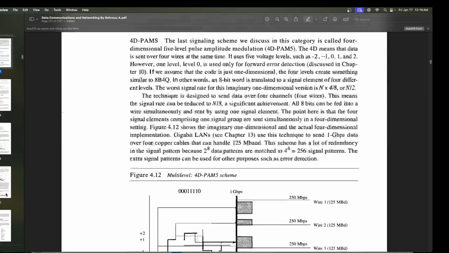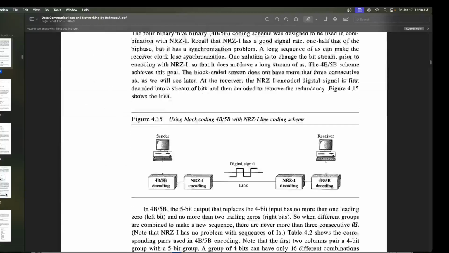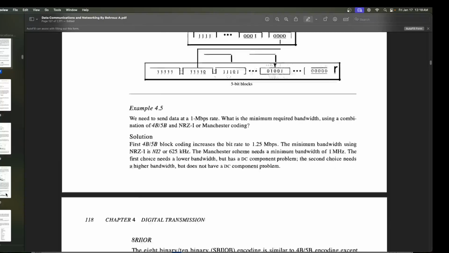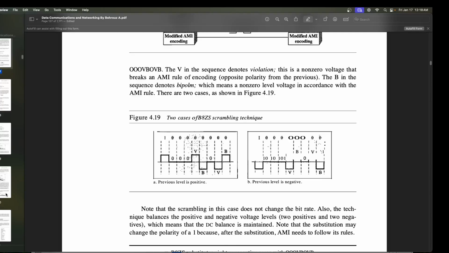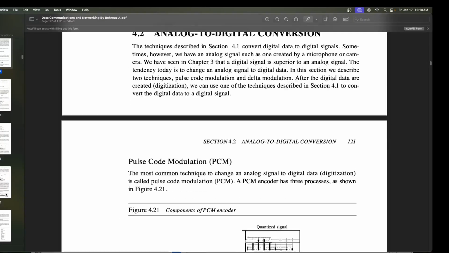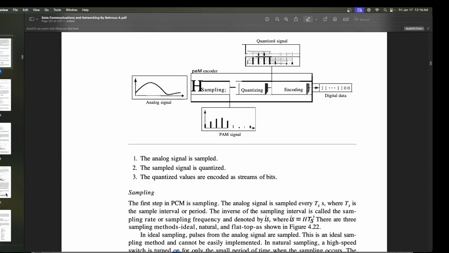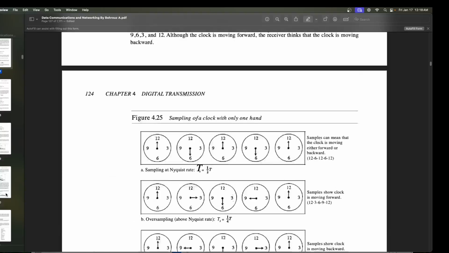This is more towards digital signals, TDM, FDM, error calculation, unipolar, bipolar. You can have sampling, quantization, and encoding. Then you determine something called the Nyquist rate.